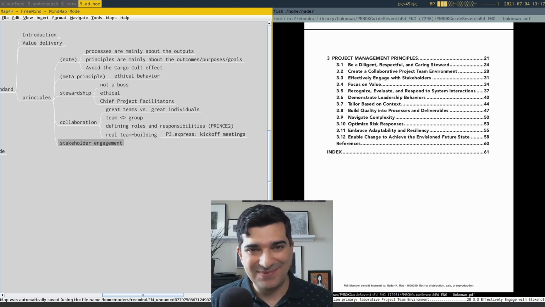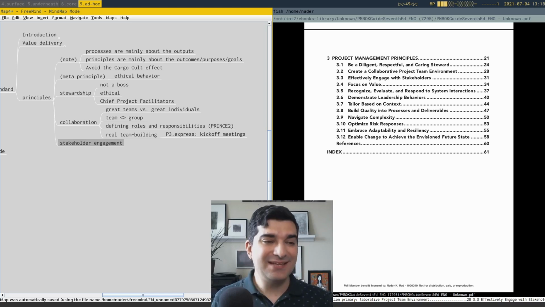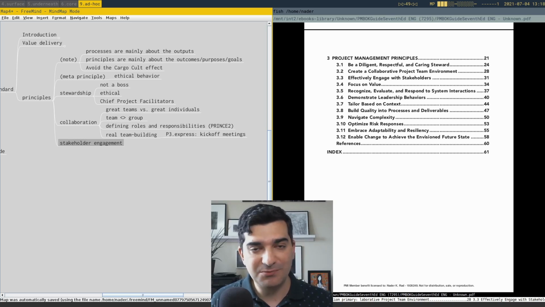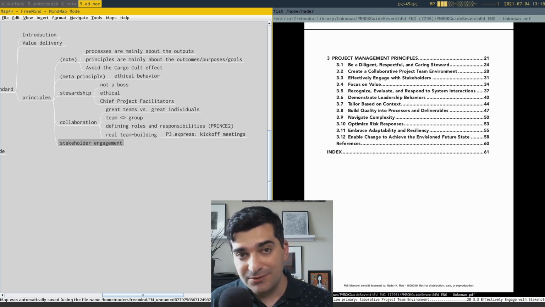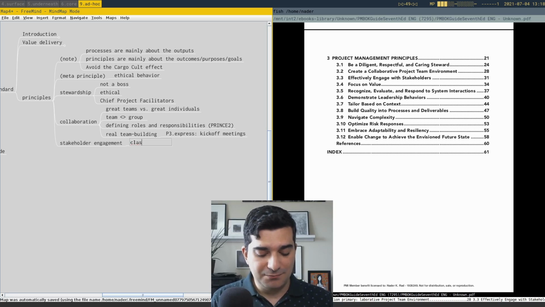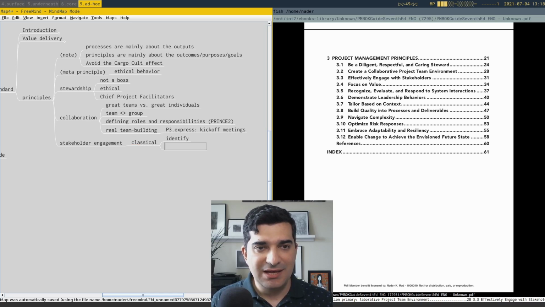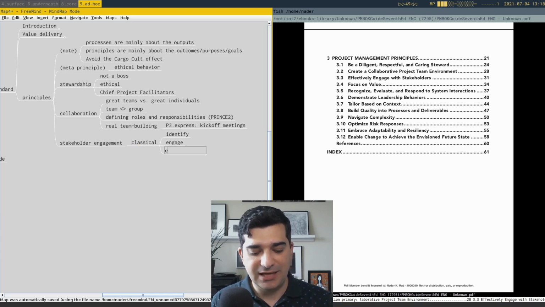So it's about the fact that you need to identify your stakeholders, which is a problem in many projects. They don't identify all stakeholders and then they are surprised. So the classical elements is to identify them, to engage them, and so on.